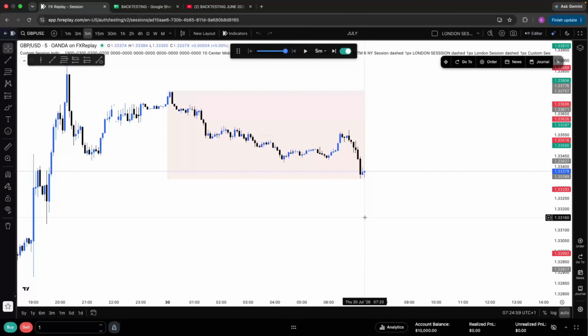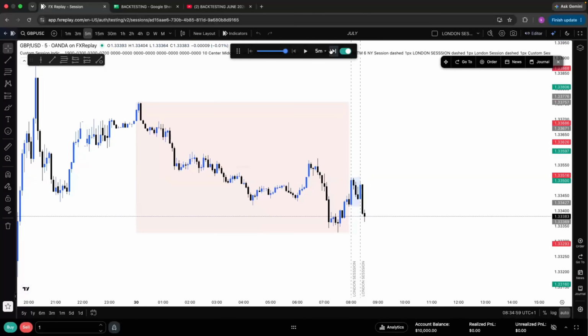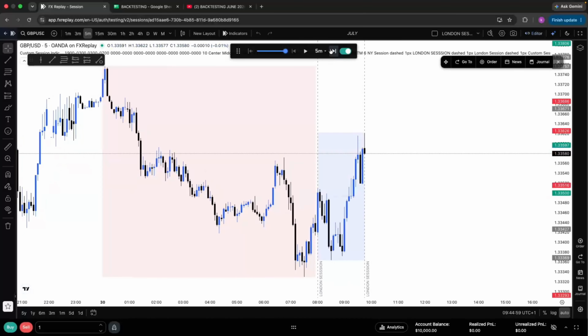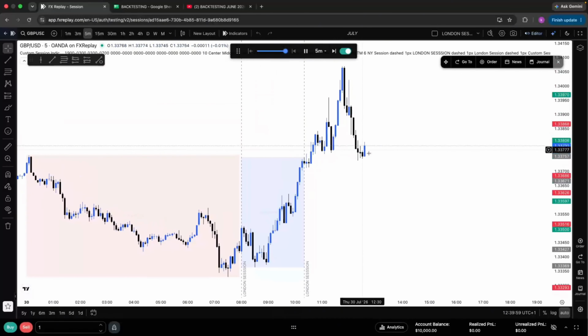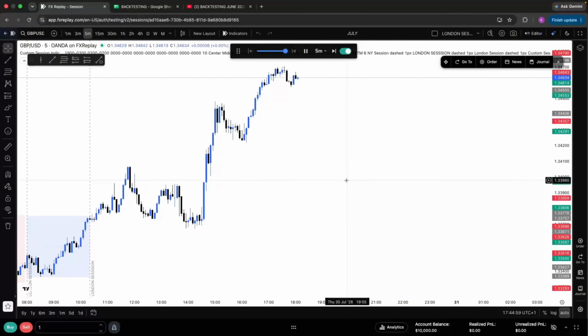Okay, so 7:20 on the session. On the session, no trade, no breaks up to the downside or upside in the time of trading, which is fine.